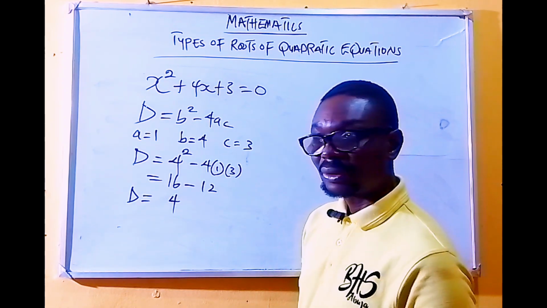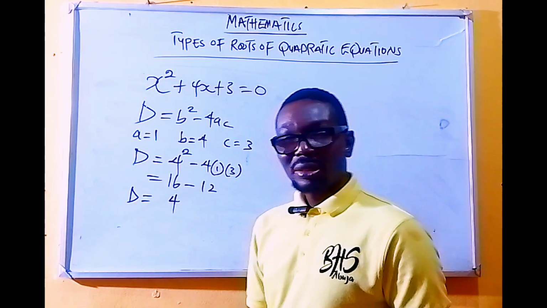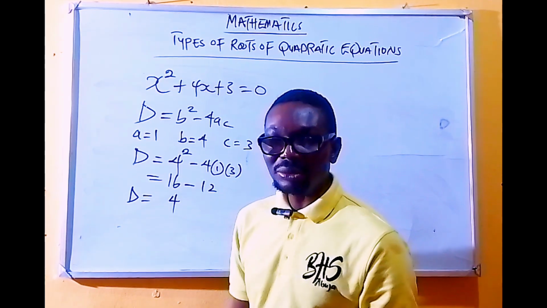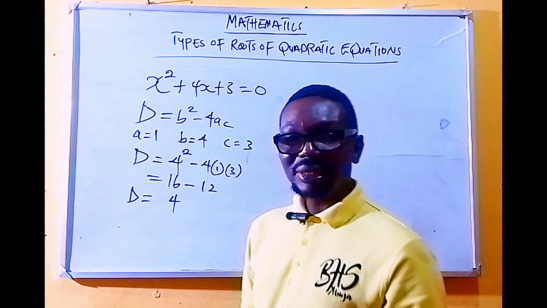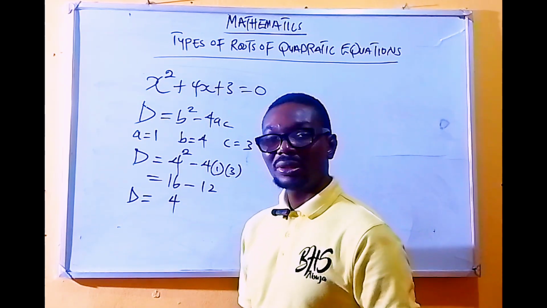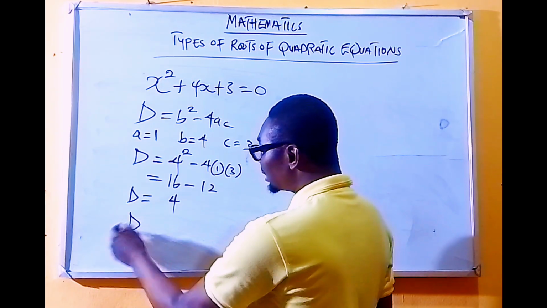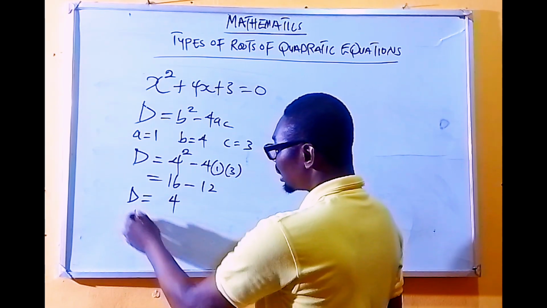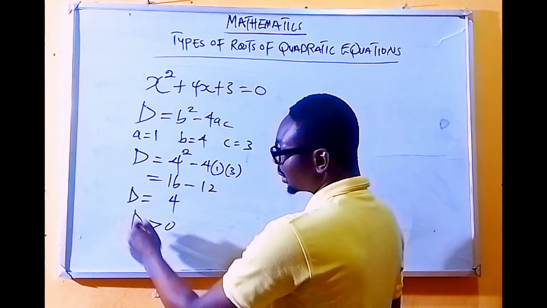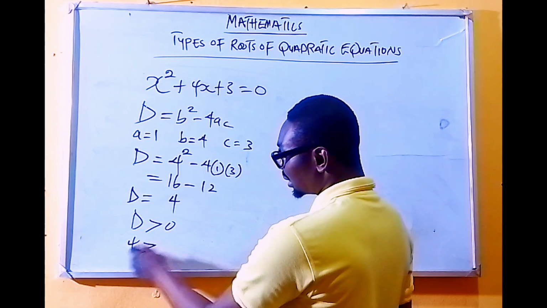And from our condition, we said that when D is greater than 0, it means that the type of root you are going to get is real and distinct. Therefore, our D is 4, so 4 is greater than 0.